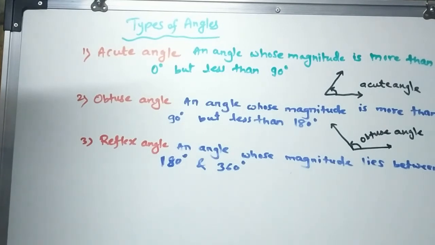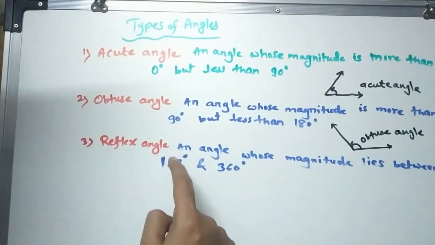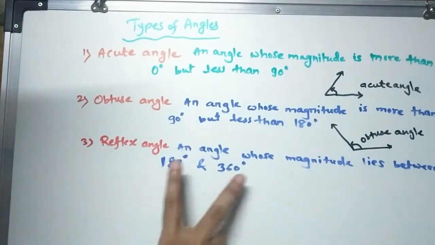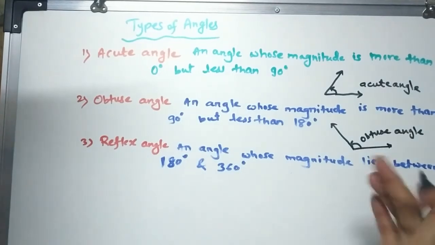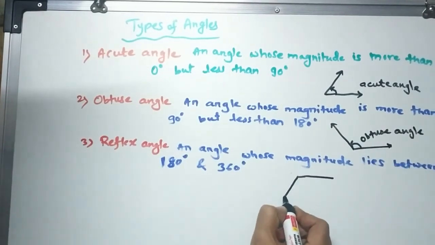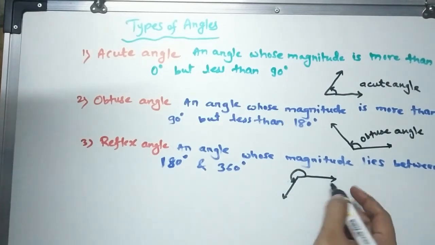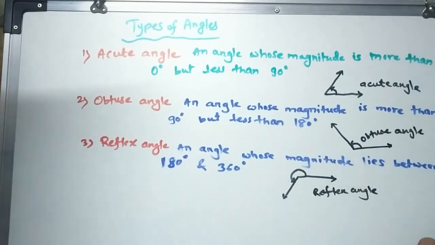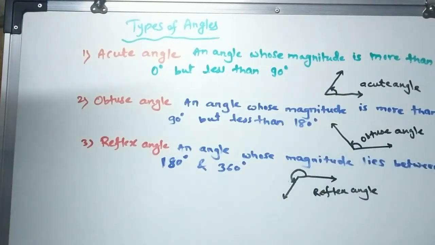If it is 360 you can say it is a complete angle. If it is 180 you can say a straight angle. If it is 90 degree you can say a right angle. But if it lies between 180 and 360, you need to say reflex angle. So you can draw this angle like this. This angle is going to be a reflex angle. For example, 200 degree you can say here, means it's not going to complete 360, but it is more than 180.